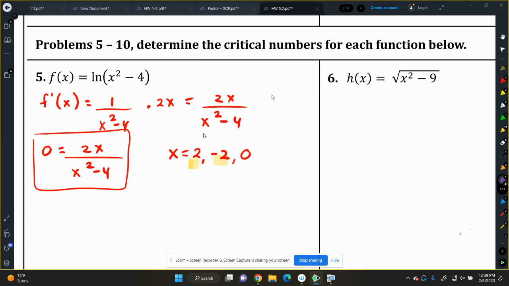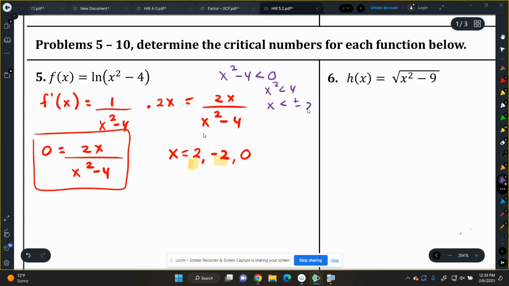What's the restriction with natural logs? You can't take the natural log of a negative number. So x squared minus 4, where is that less than 0? x squared is less than 4, so x is between plus and minus 2.